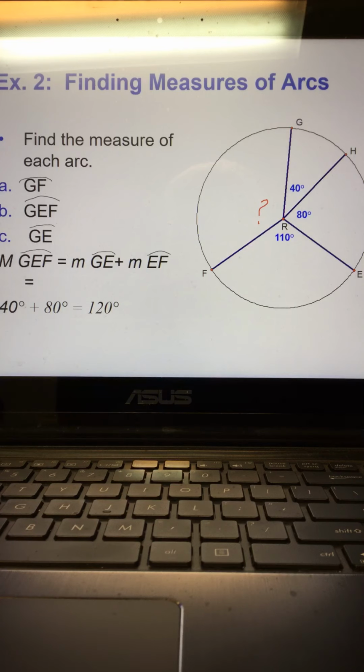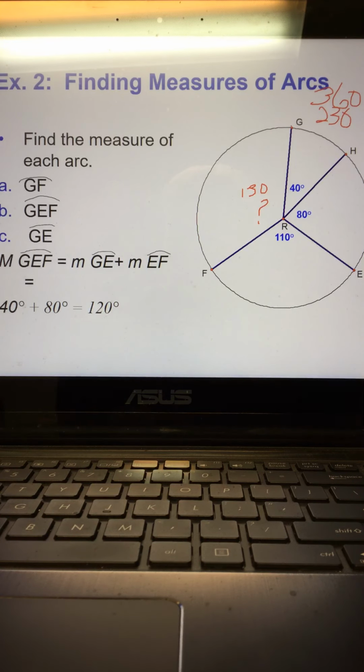I've got 40 and 80 and 110, so I think that's 230 degrees right there. If my circle only has 360 degrees in it, that means this central angle's got to be 130. Now if I fill in all my missing central angles, that's going to help me.